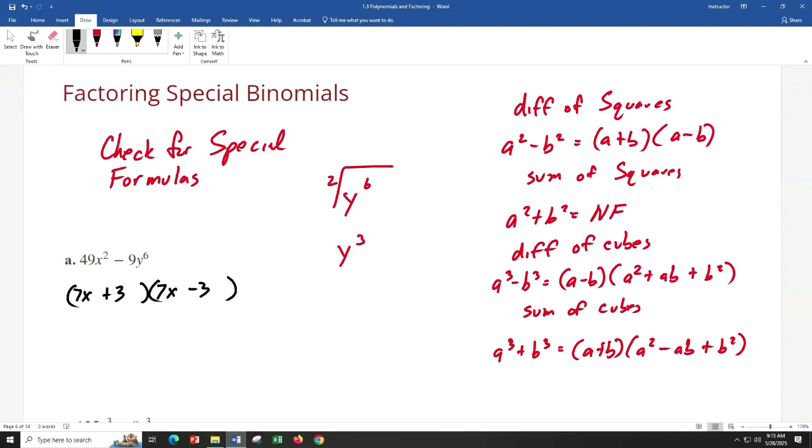But then that y to the 6, because we can take the square root of it and it all comes out from underneath the radical, just becomes y cubed. Why does that work? Because y cubed times y cubed is what? Same base, you add the powers. What are you going to get? Y to the 6th. It works.